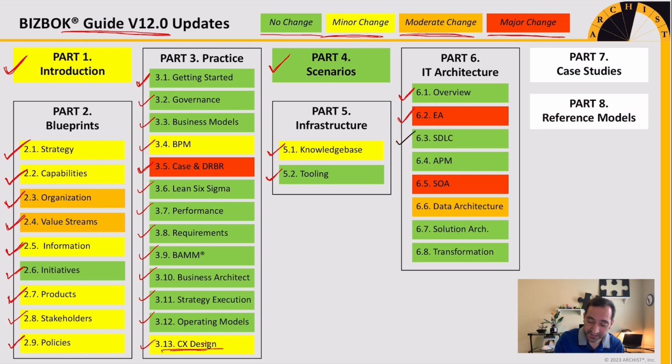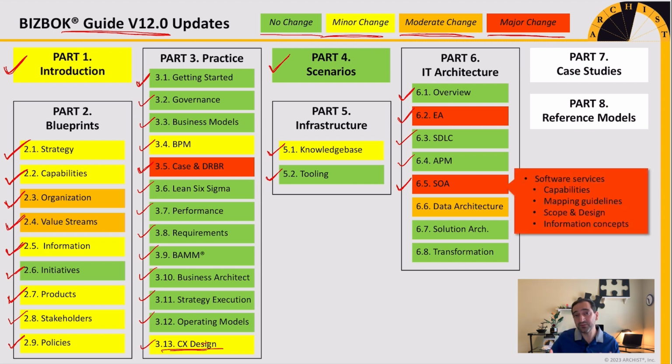No changes in section 6.3 and 6.4, but looking at section 6.5 or service-oriented architecture alignment, so there is more emphasis on software services concept. It's not a new concept again, but bringing a more specific definition of software services, looking at the characteristics of software services in alignment with business capabilities, and also mapping guidelines has been updated.